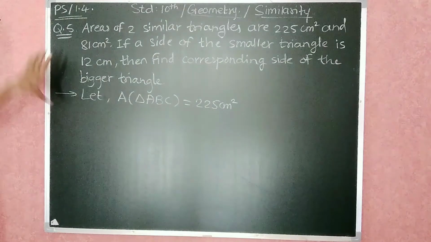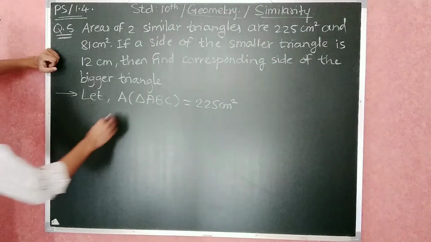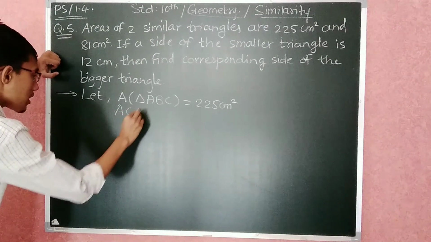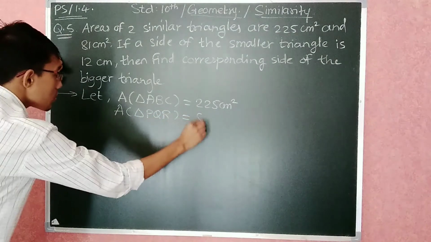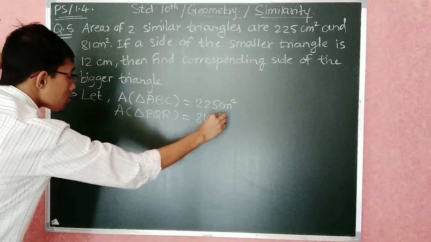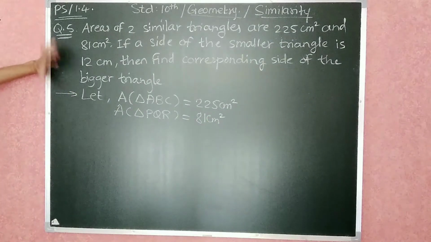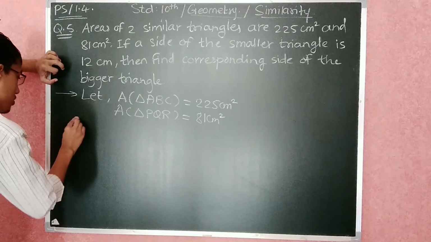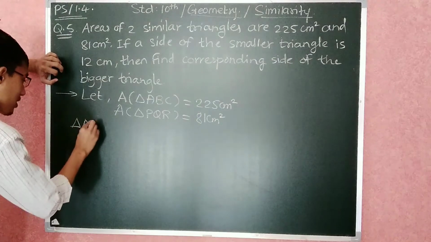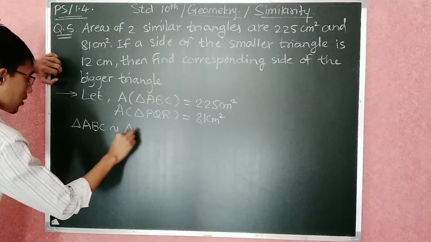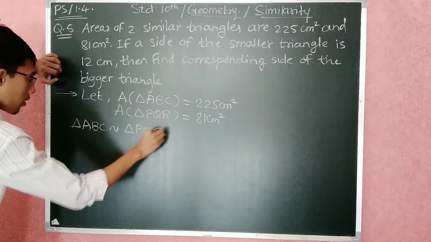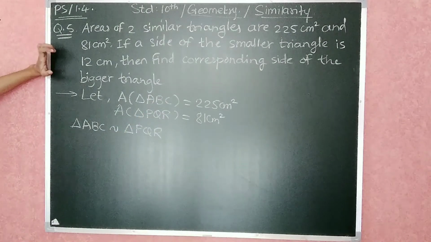Then I will consider the area of the smaller triangle, triangle PQR, equal to 81 centimeter square. Both the triangles are similar, so triangle ABC is similar to triangle PQR. This is given to us.